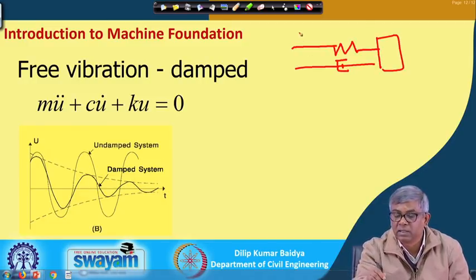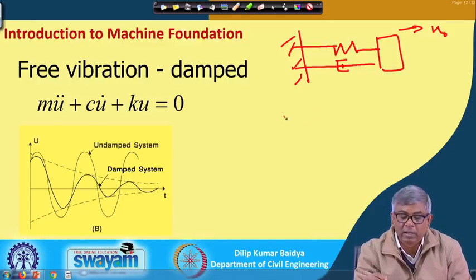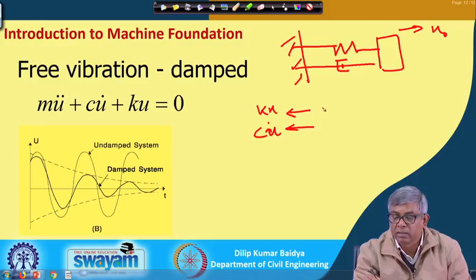If the mass is like this, and I give a displacement u naught initially, then you will have k times x, and the damping force will be c times u dot, and in this direction the inertia force also will act on the mass.